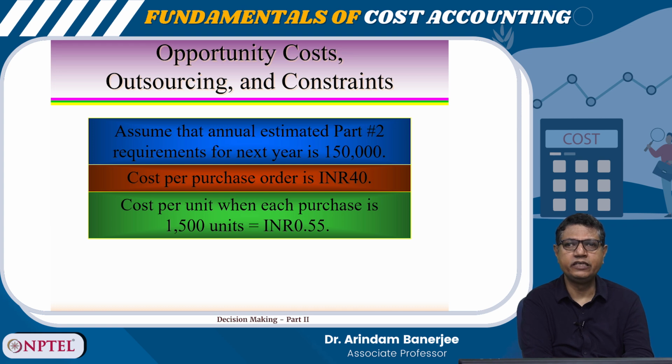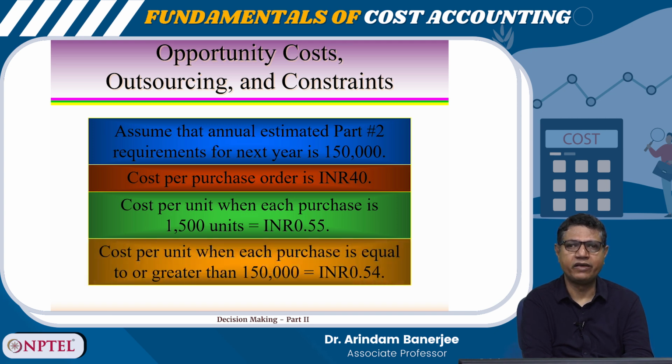Cost per unit when each purchase is 1500 units is 0.55. We have already seen there is an offer from a third party which wants to supply at the rate of 0.55. Cost per unit when each purchase is equal to or greater than 1,50,000 is 0.54, right?